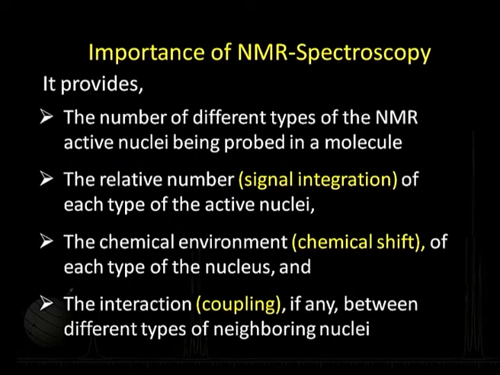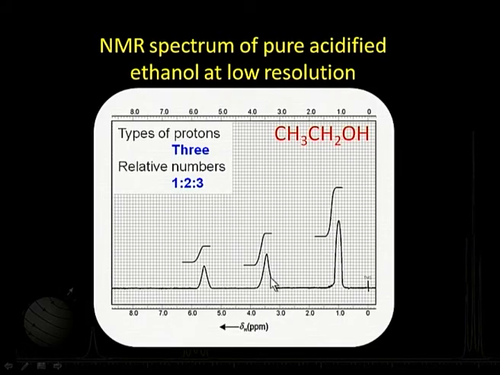Another thing is that if you have different kinds of protons, or any 2 nuclei which are NMR active, and they are coupling, interacting with each other, that also is reflected in the spectrum. So, it is a very rich source of information for an organic chemist. Okay. Now, let us take some sample spectra. This is a typical, very low resolution spectrum of the ethanol molecule. The point I wanted to bring home here is that there are 3 different peaks coming there. This is one signal, another one, yet another one.